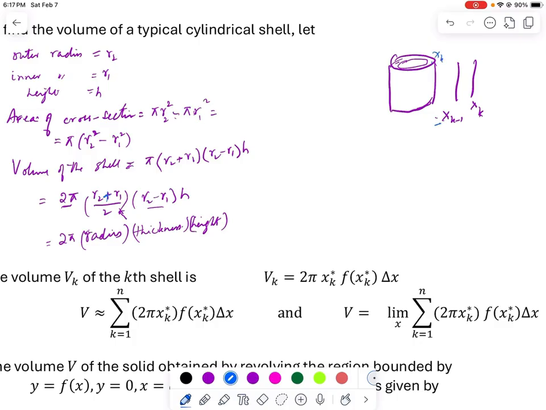So if you plug in, vk is equal to 2 pi times the midpoint, which we denote by xk star, and then we find the height at xk star, so it will be f of xk star, times the thickness. In our case, the thickness is xk minus xk minus 1, which is delta x. So this is what we get as the volume of the kth shell.